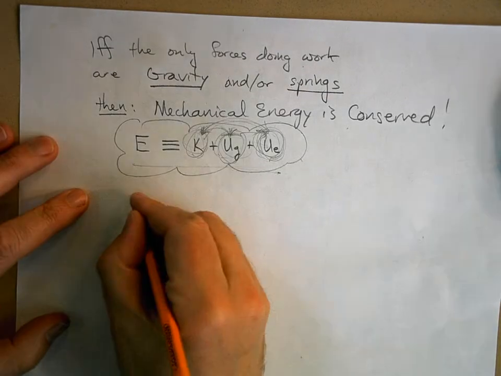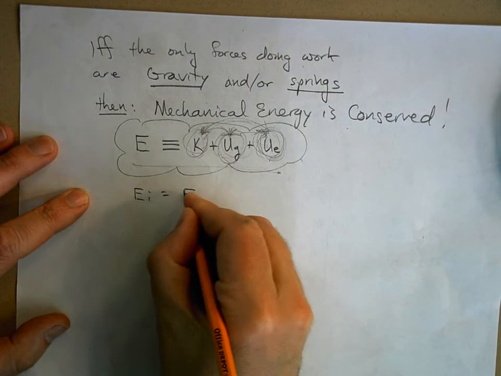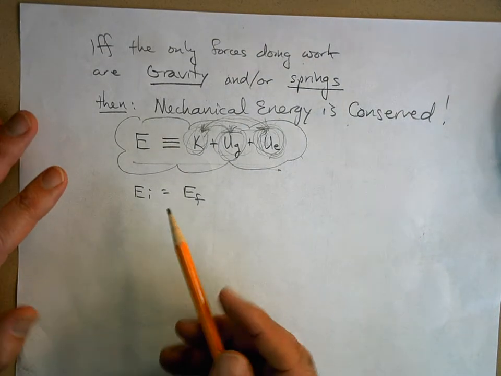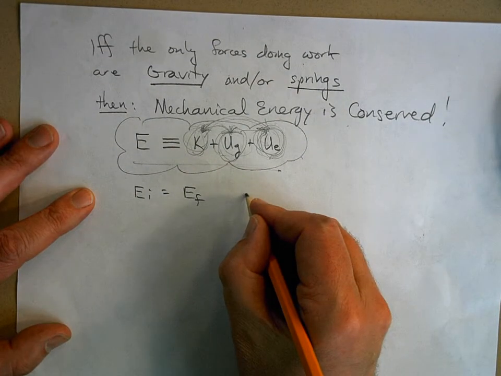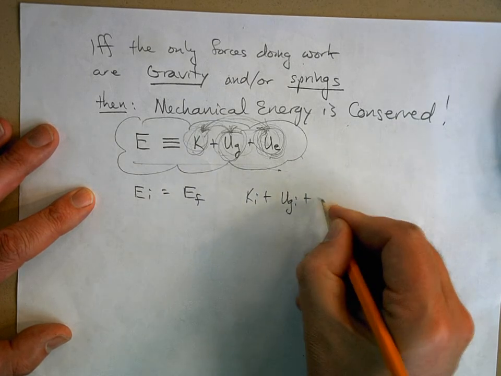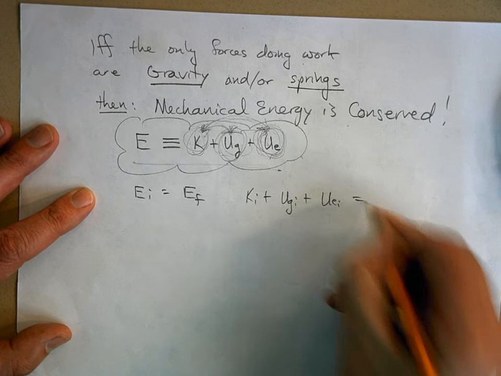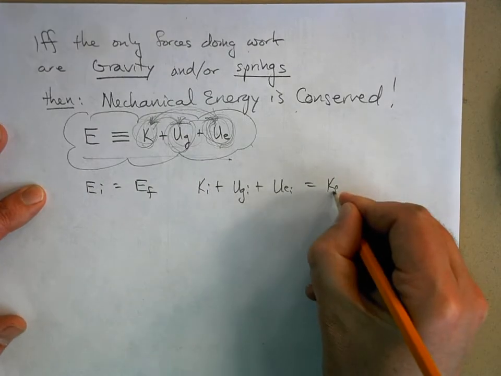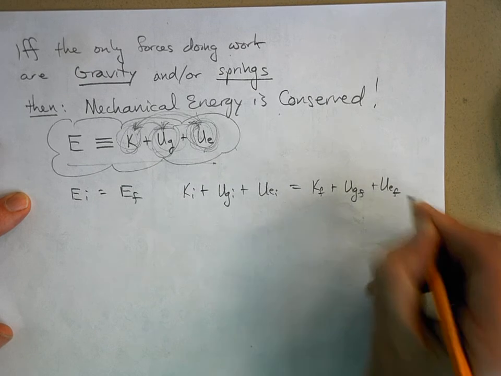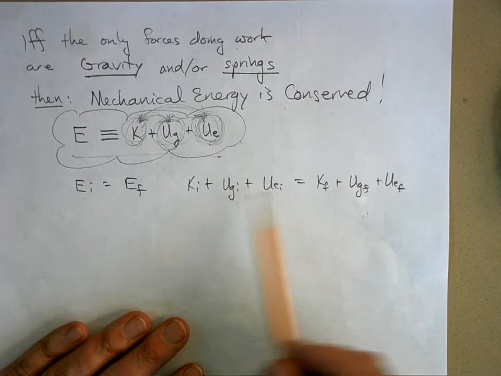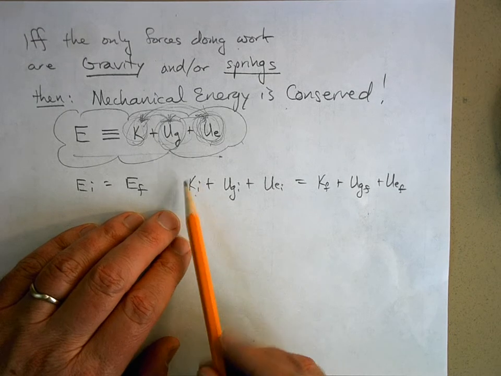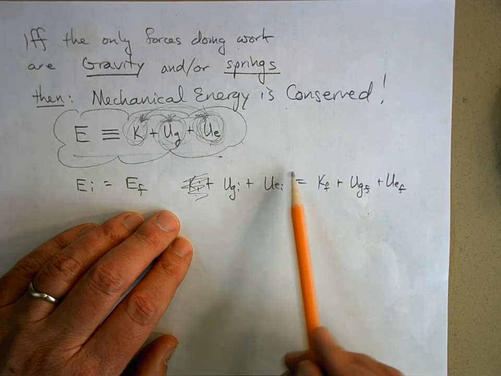So in other words, the initial energy is equal to the final energy, which means now if you work a problem on the test, you go, okay, K initial plus U sub G initial plus U sub E initial equals K final plus U sub G final plus U sub E final. Now you might have a problem. Hey, look, initially it wasn't moving, and there's no spring in the problem.